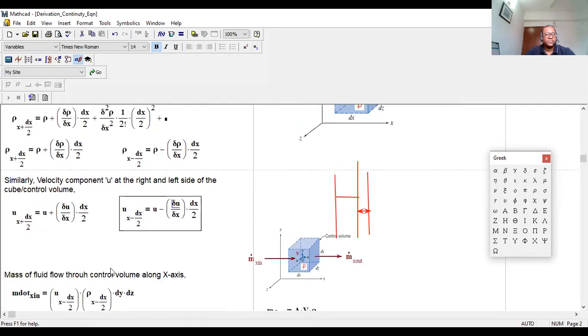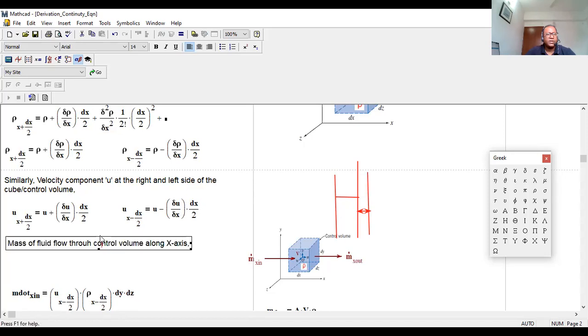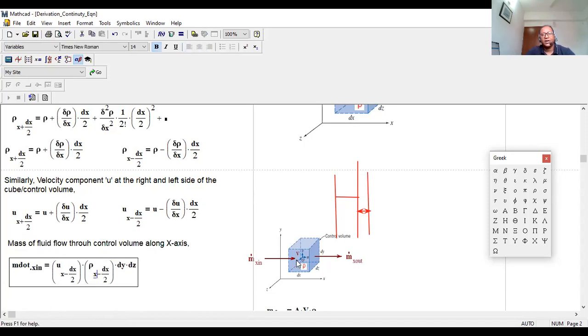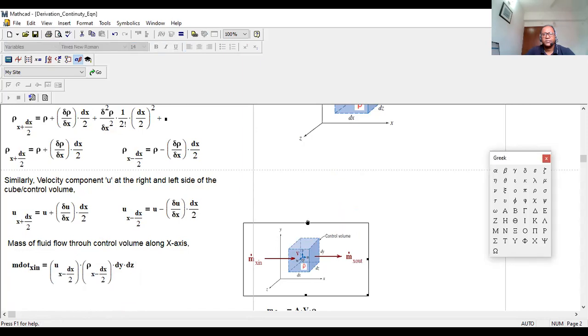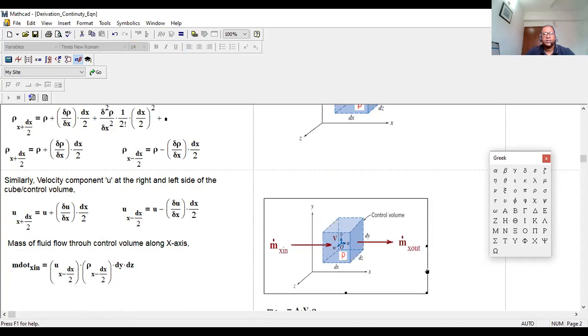Then I need to figure out m dot in, and how much mass is entering right over here. So if you'd like to figure out m dot in, what do I need?